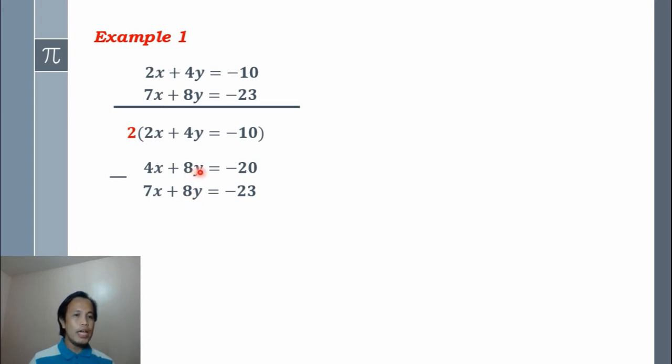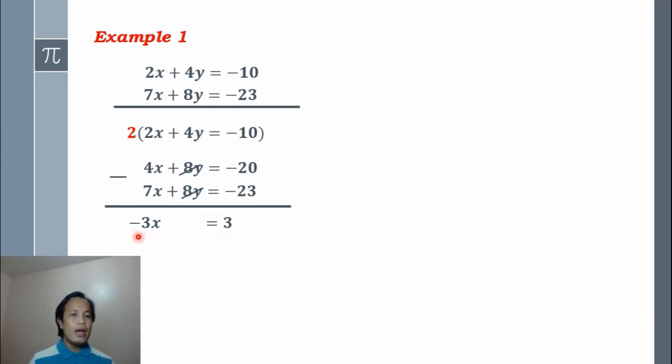In this case, 8y plus negative 8y, we can cancel out the 8y. So, 8y now is eliminated. What shall remain in the equation is 4x plus negative 7x, which is negative 3x. Then, negative 20 plus positive 23 is positive 3.